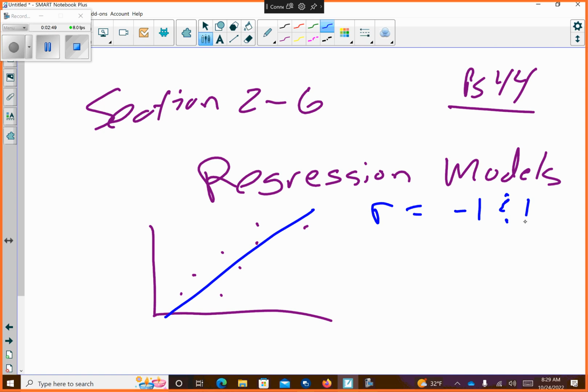So a couple of things to think about. When do we have a good R value? Remember, the R value will give you something like 0.93, so it could be close to 1. Whether it's positive or negative doesn't really matter. Think about if you were taking the hardest class in the world.